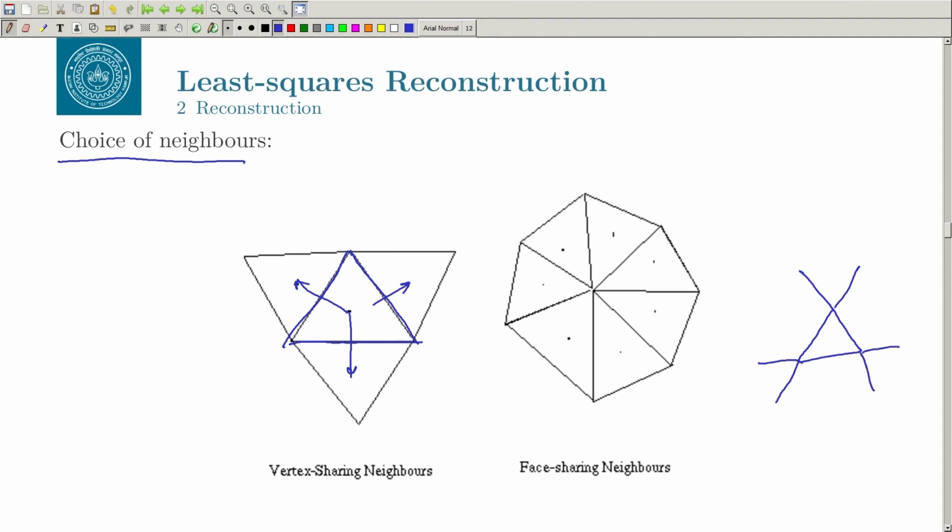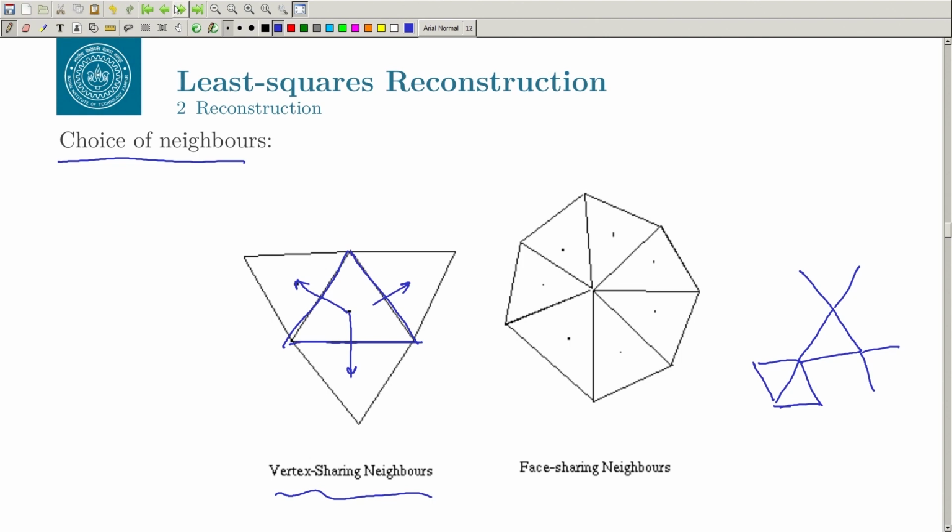There can be many, and normally the number of vertex sharing neighbors is much higher than the number of face sharing neighbors. That gives you a better approximation, but it is more expensive also. If you go for the vertex sharing neighbors it is more expensive, but both of these work. So, this is how you get your gradients at the cell center using least squares.